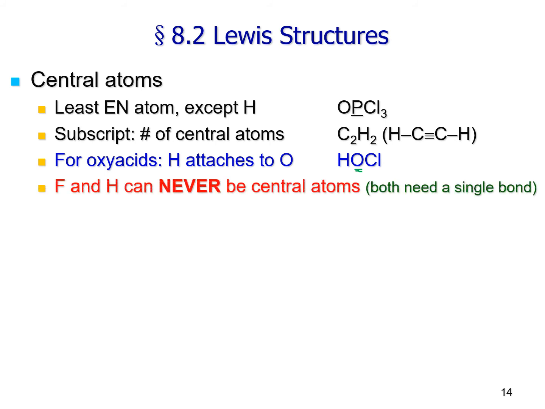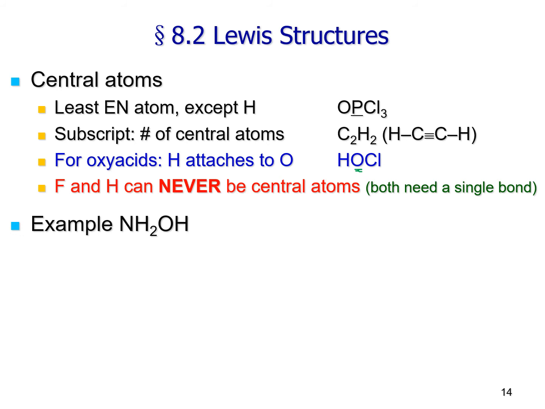Fluorine and hydrogen can never be considered a central atom because they both need a single bond only. Being the central atom, the atom must have the capacity to have at least 2 bonds. That is the reason why hydrogen and fluorine can never be considered as a central atom.